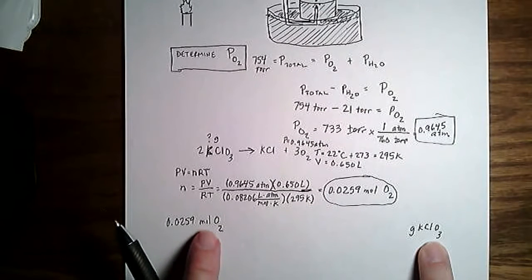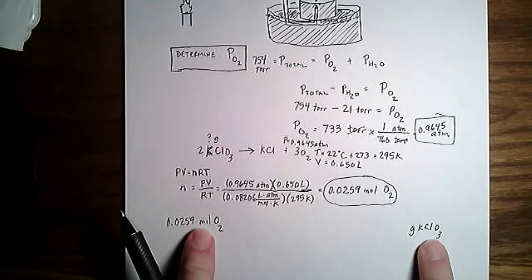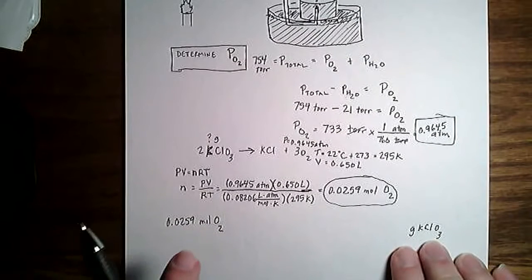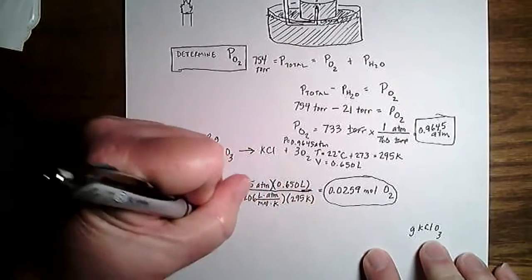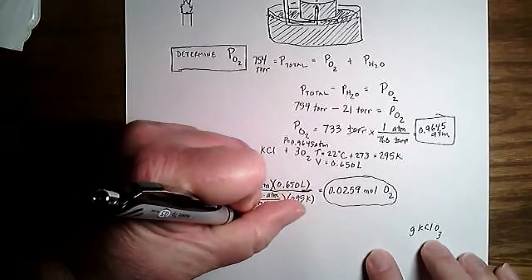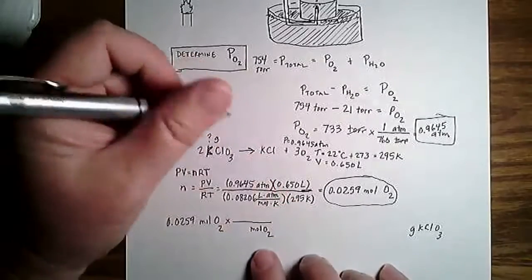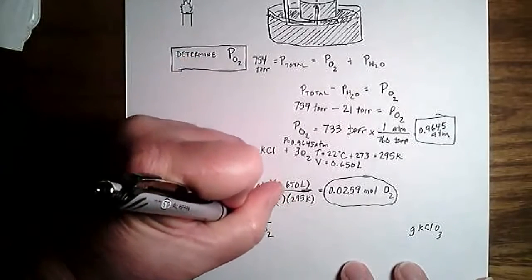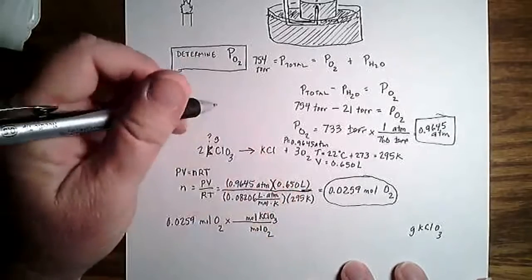Can I use mole ratio right away to convert from this substance to this one? The answer to that is yes, because we're already in moles. So I'm going to say the number of moles of O2 that I have. So I'll say moles O2. On the bottom, I'm going to say moles KClO3 on the top.